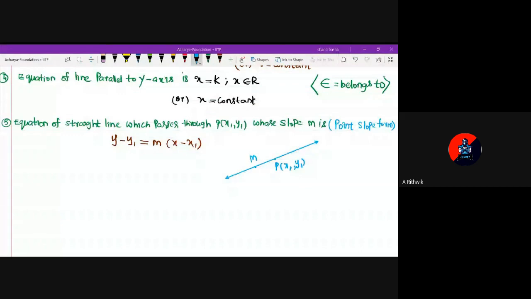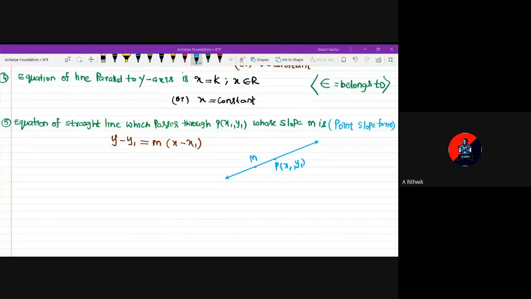Sir, I have a doubt. In the equation y minus y1 is equal to m into x minus x1, y doesn't have an exponent, that means it is 1, no, sir? Yes, only that. x1, y1 is a point.